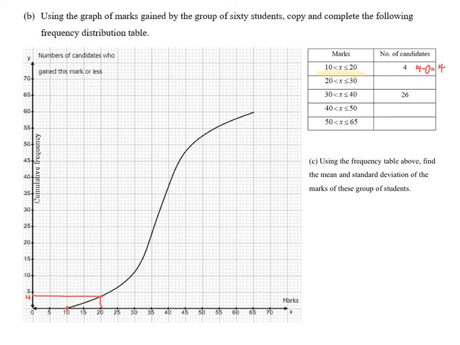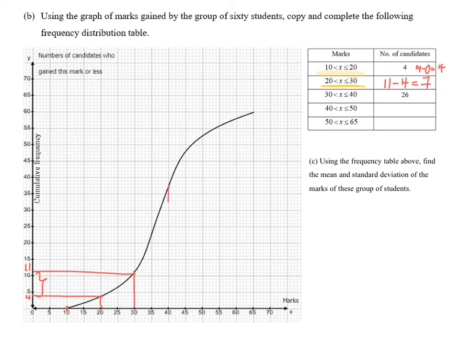How are we going to find the number of students in the interval 20 to 30? So we need to read the number from 30. Number of students from 30 will be 11. And I want the number in between these two intervals. That will be 11 minus 4, 7 students.